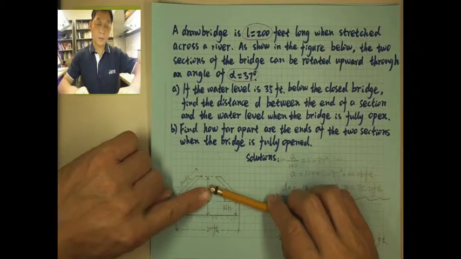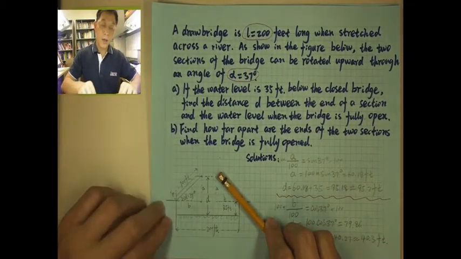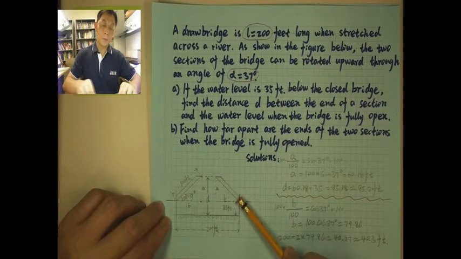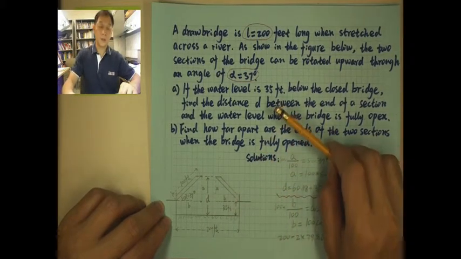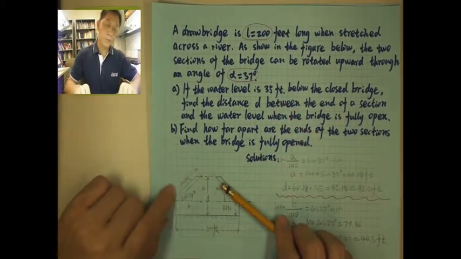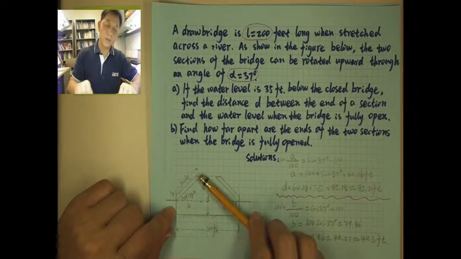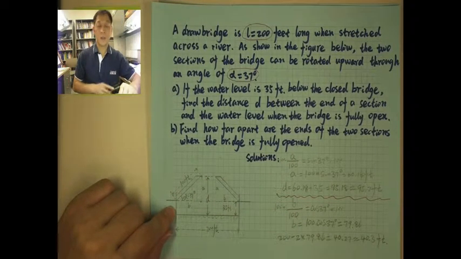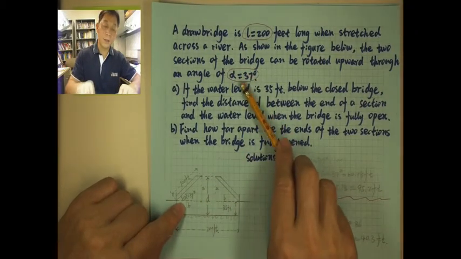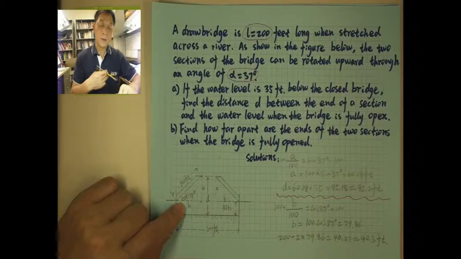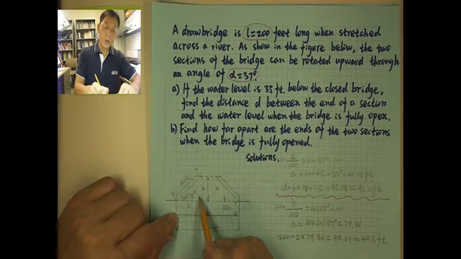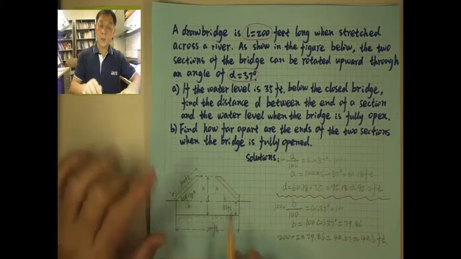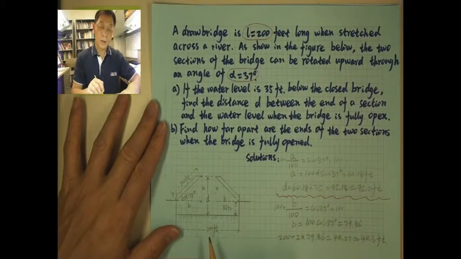If you raise the bridge, then each side's got 100. So when you raise up, you have hypotenuse 100 feet, and you are given the angle is 37. Okay? And then apparently this is a right angle here, 90 degrees. You want to find out AB, and you can basically answer all the questions they are going to ask us.